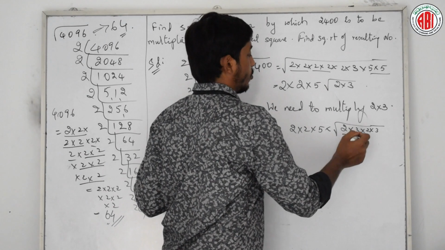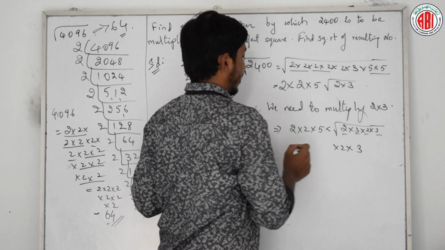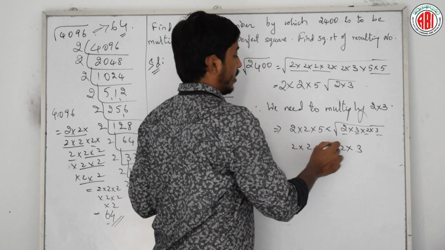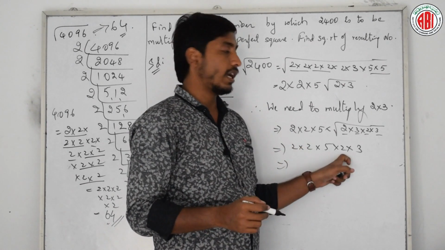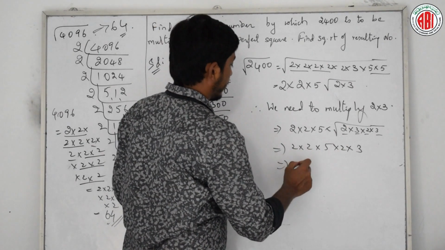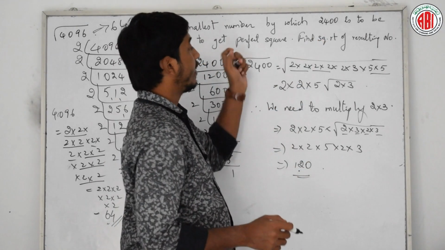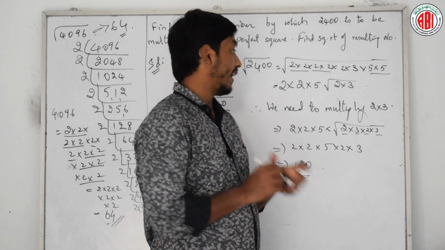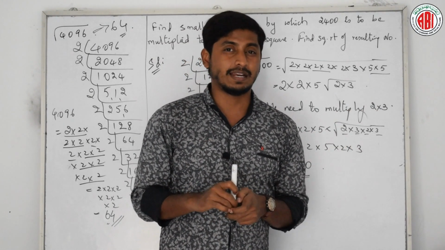Inside, after multiplying, for 2 2s I will get 1 more 2, and for 2 3s I will get 1 more 3. Now tell me what is the answer? 2 2s are 4, 4 2s are 8, 8 3s are 24, 24 5s are 120. This is the square root of the resultant number after multiplying by 2 into 3. Is it clear? Did you understand?